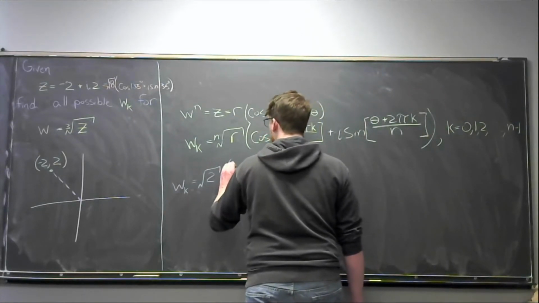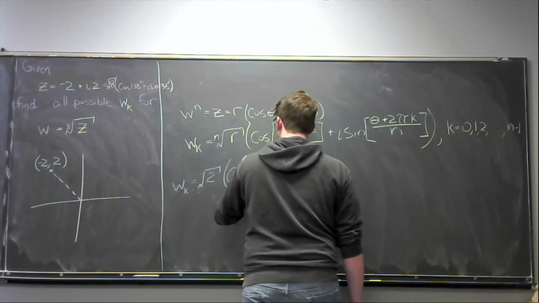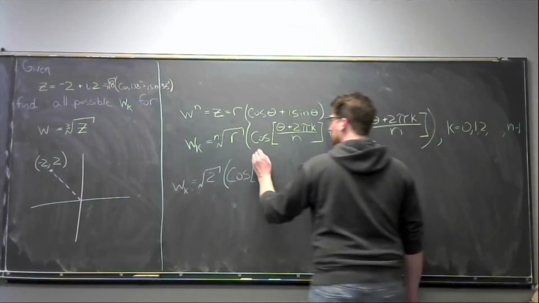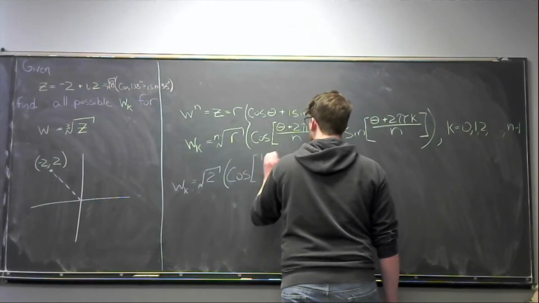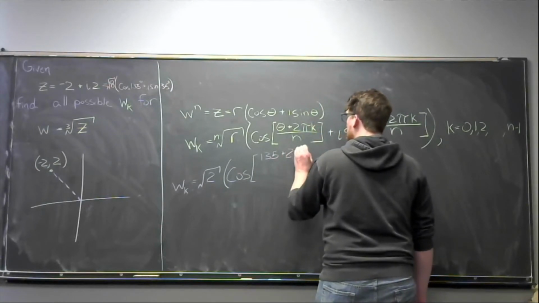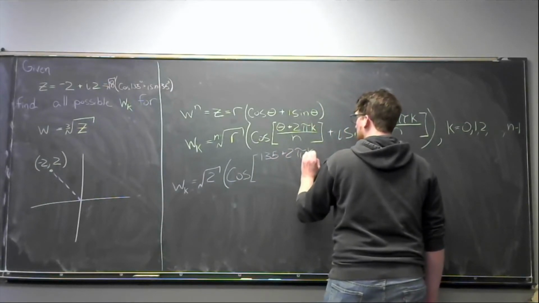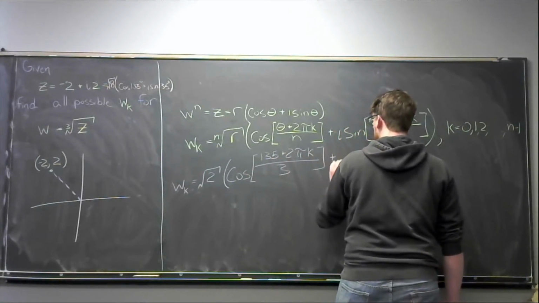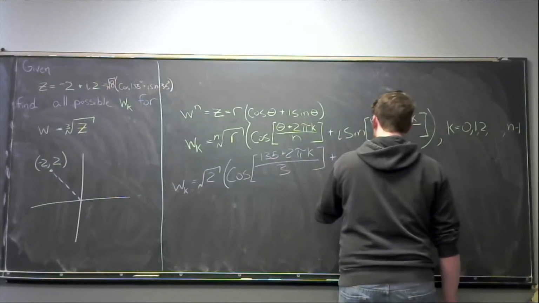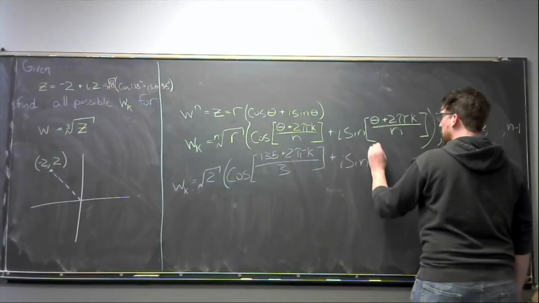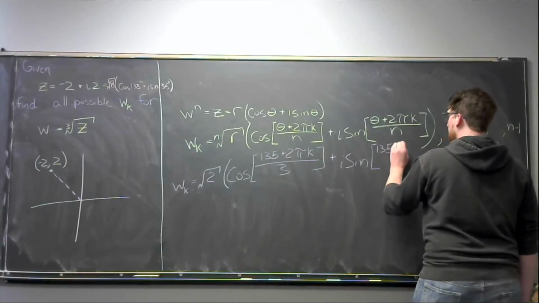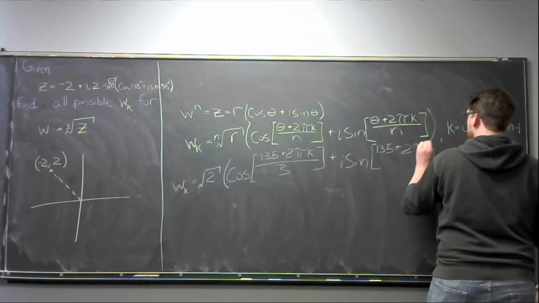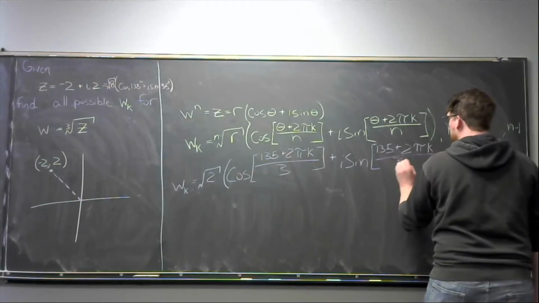The rest of this is going to be cosine of our original angle, 135 degrees, plus 2 pi k, divided by 3, plus i sine of our original angle, 135 degrees, plus 2 pi k, divided by 3.